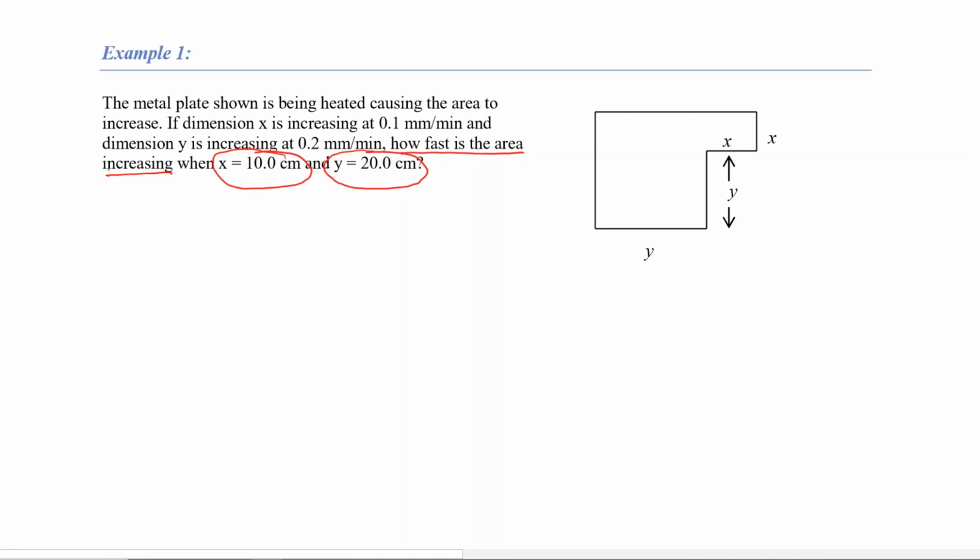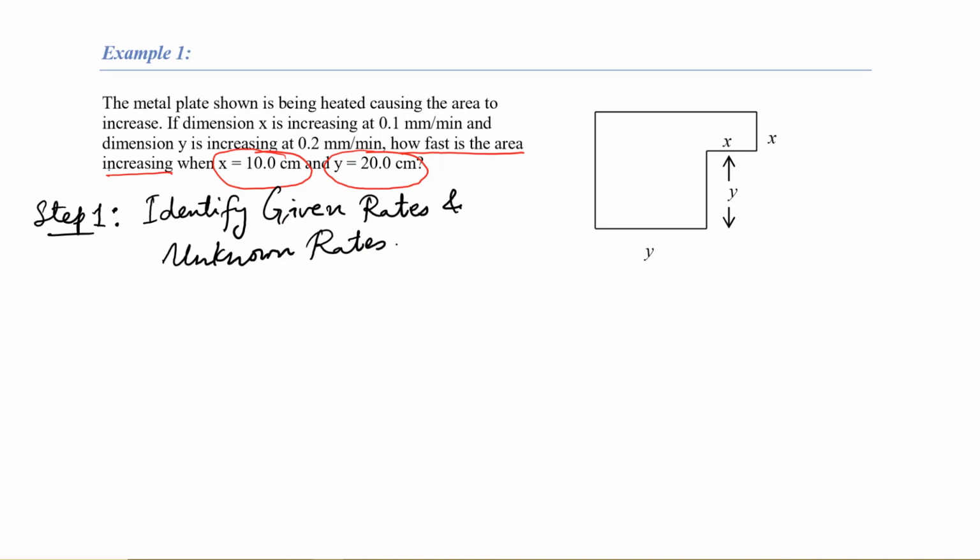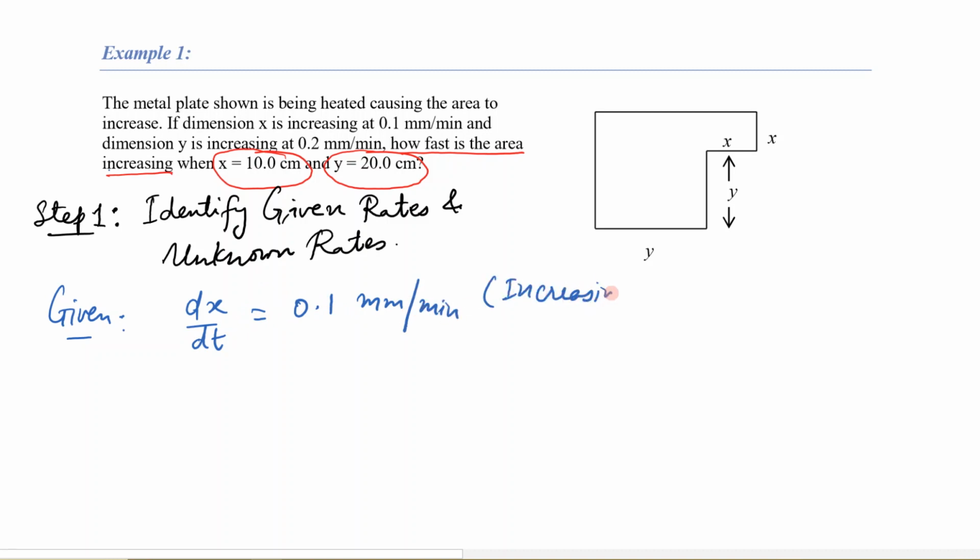centimeters. So whenever we read a problem, the first step is we want to figure out what is given and what is unknown. So the given rates are: change in x with respect to time. Dimension x is increasing at a rate of 0.1 millimeter per minute, and it tells us that it is increasing, so that's why we are using positive 0.1.